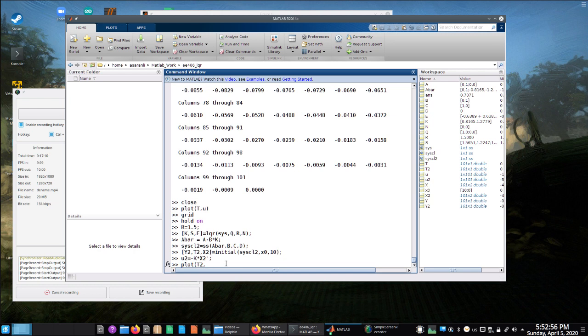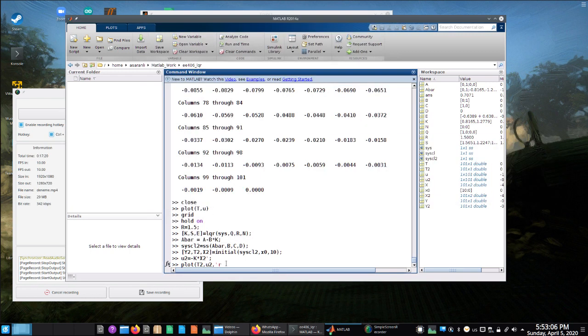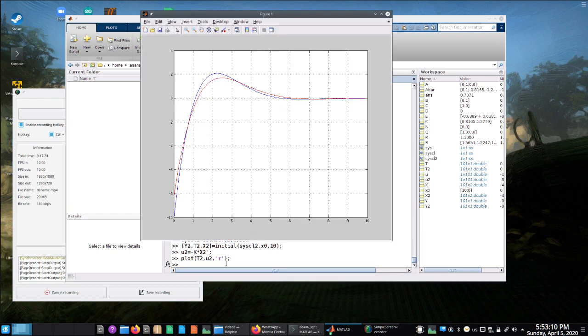So let's plot U2 on top with maybe another color. What was our initial color? Was blue, so I can use red instead on top. Hopefully that's gonna work. Okay, so you see the red curve now has smaller magnitude, but because we haven't changed R that much, the change was not drastic.